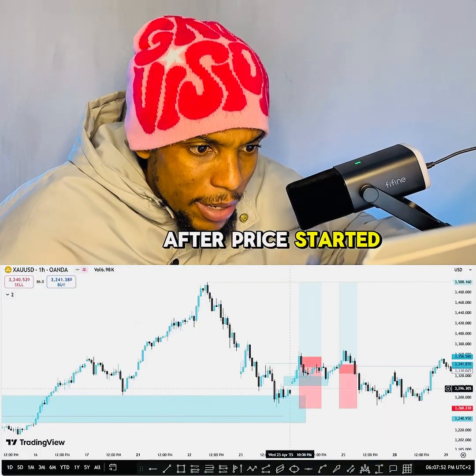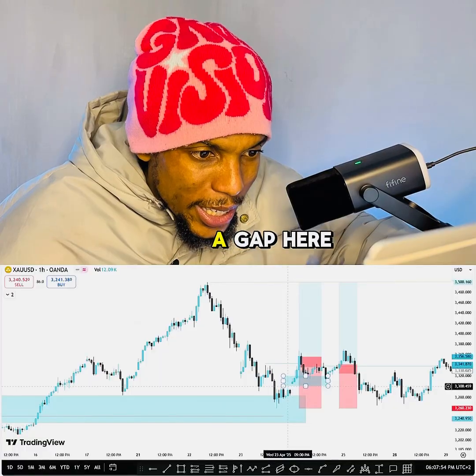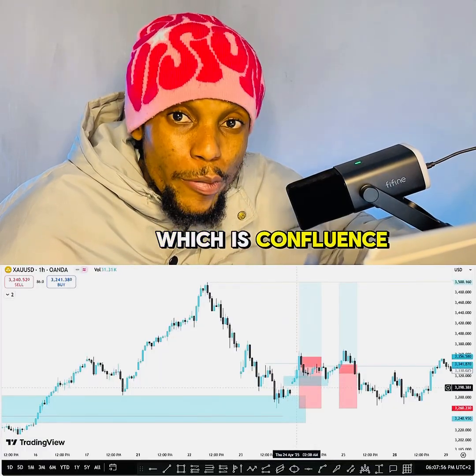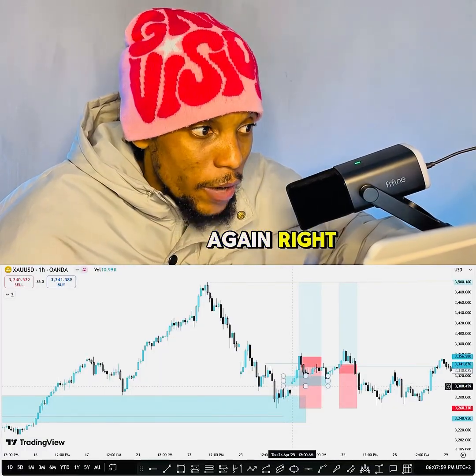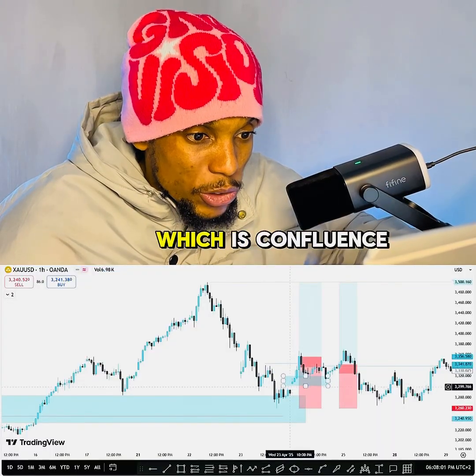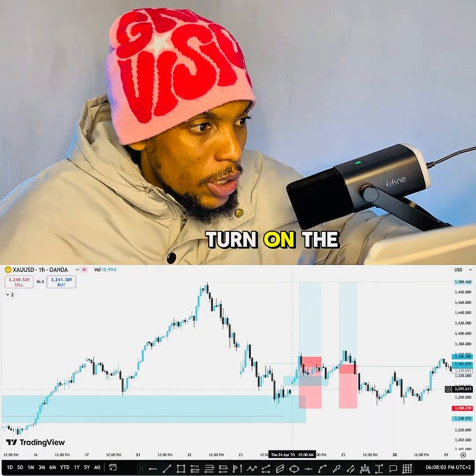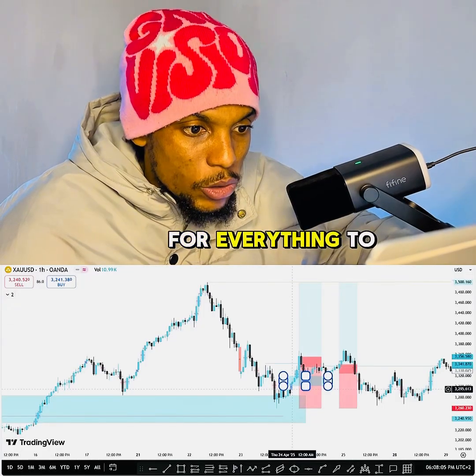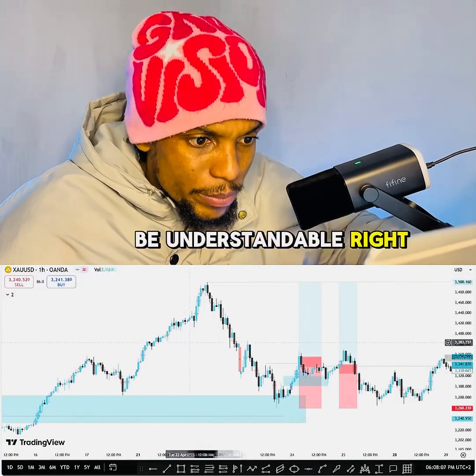After that, price left us a gap here, which is confluence number one. Let me turn on the imbalance indicator again for everything to be understandable.